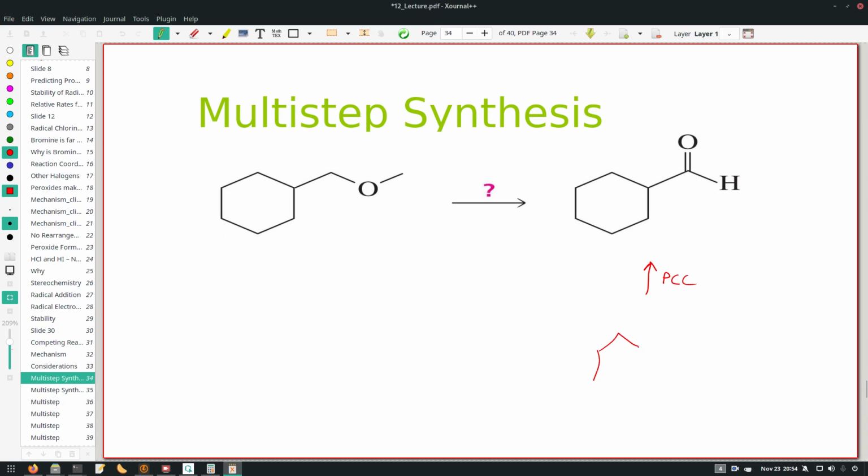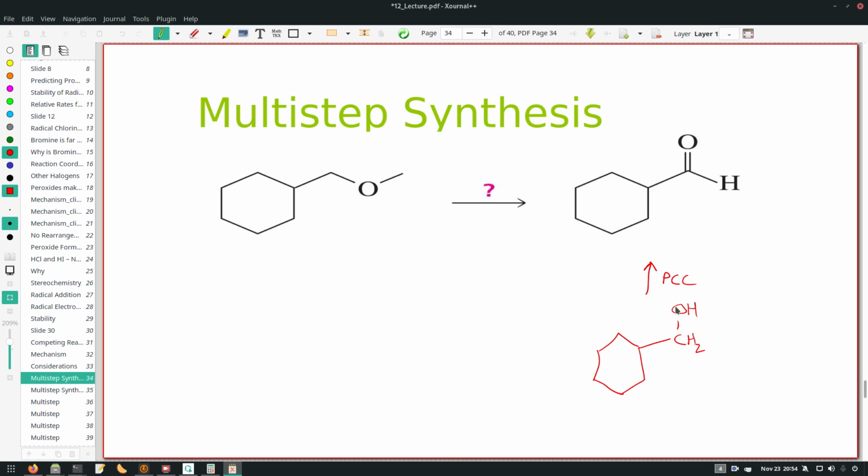Because if you think back, we used PCC on alcohols. And if I used PCC on alcohols, it removed one of these H's and created that carbonyl. But it didn't oxidize this all the way to an OH, so that's how we knew it was PCC.